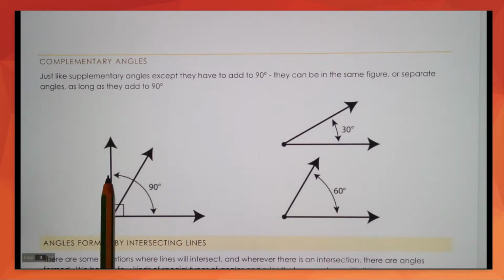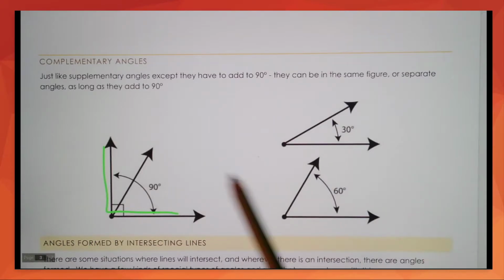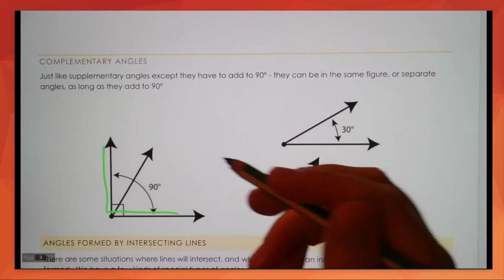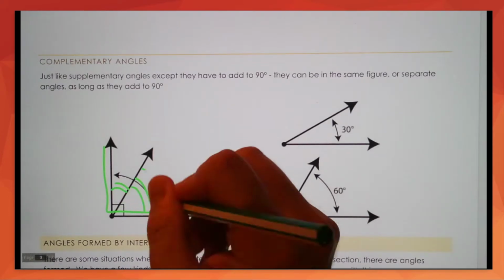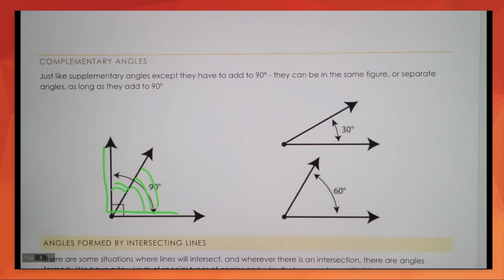So I know the whole thing is 90 degrees, and then this angle plus this angle here is going to give me 90 degrees. I don't know exactly what this is. It might be like 30 and 60, or 40 and 50 or something like that, but they add together to make 90. I'm just going to erase that.